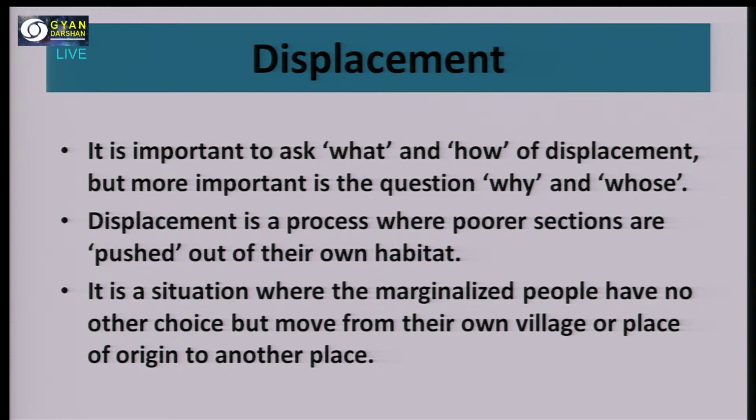So here we can see that when we talk about displacement, it is mostly for the poorer section of the people. Why are the poorer sections of the people displaced in most cases? It could be because some corporate house buys the entire piece of land that they are staying in and wants to set up a corporate office or a grand hotel, or for building dams.